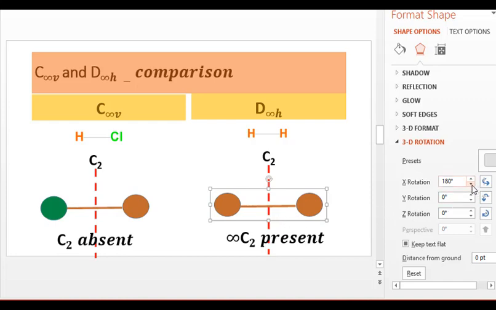Nothing has got reversed. Now also you find the same appearance and nothing has got reversed, and so C2 axis is present. During 360 degree rotation, the molecule is coming to the same appearance twice, 180, 360.